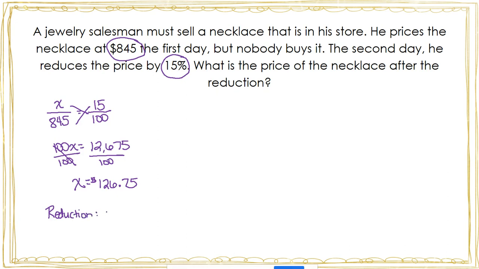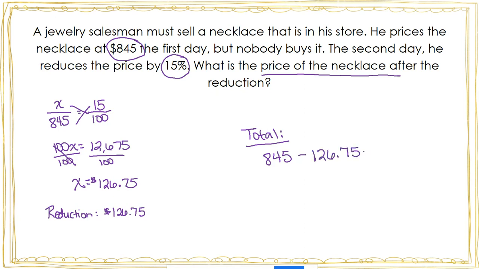So the necklace is going to be reduced by a total of $126.75. But I need to know the price of the necklace after the reduction. If the necklace originally cost $845 and it is being reduced by $126.75, to find the total cost of the necklace, I am going to subtract the original cost, which was $845, minus the amount of the reduction, so minus $126.75.